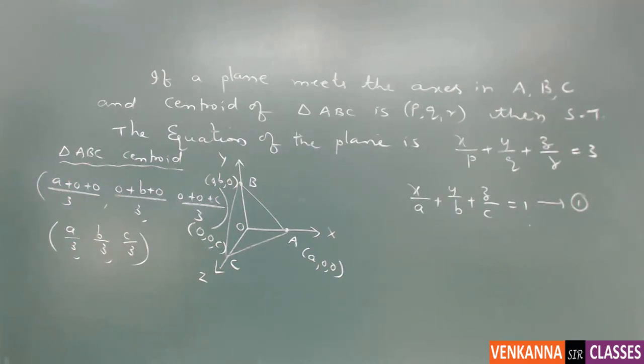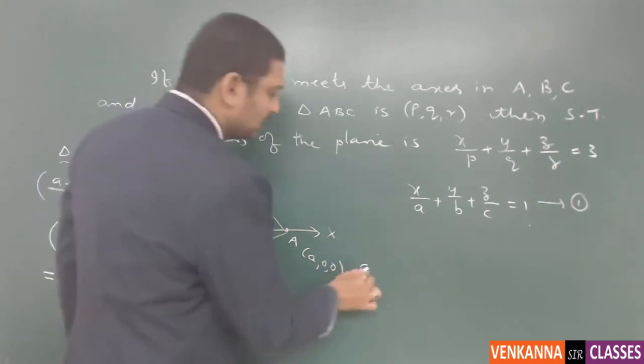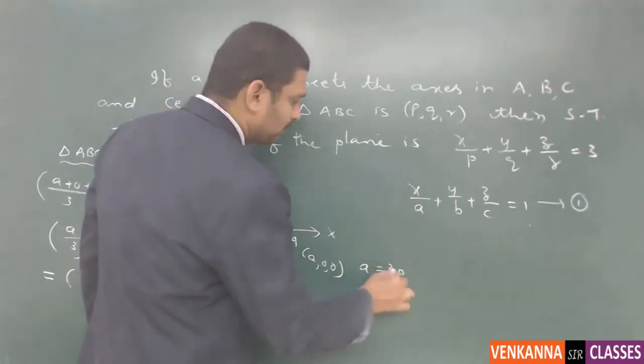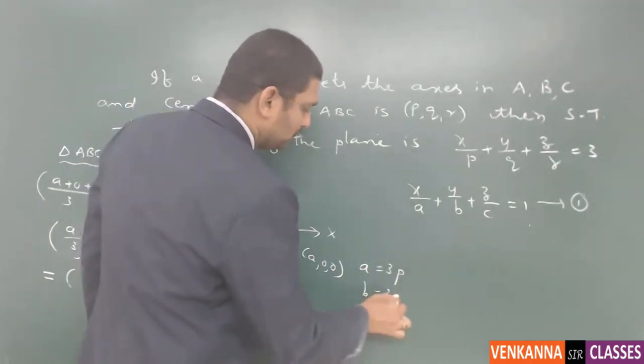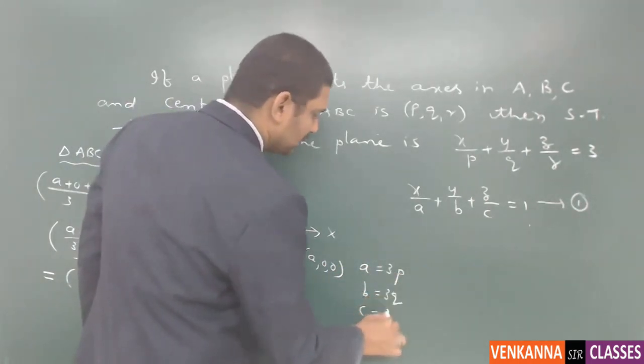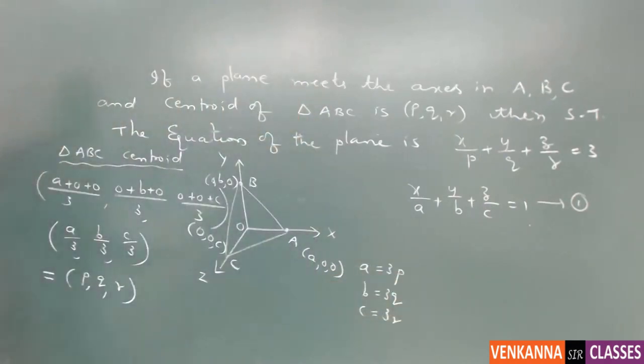But actually, from the problem, it is given that the centroid of triangle ABC is P, Q, R. So if you equate that, the value is equal to P, Q, R. Equating the respective values, we will get that a is equal to 3p, b is equal to 3q, and c is equal to 3r. Agreed?